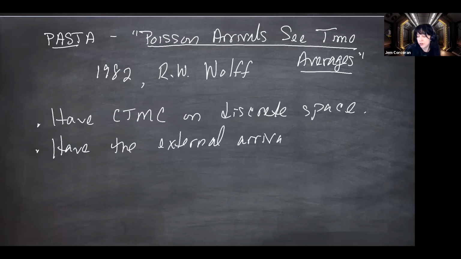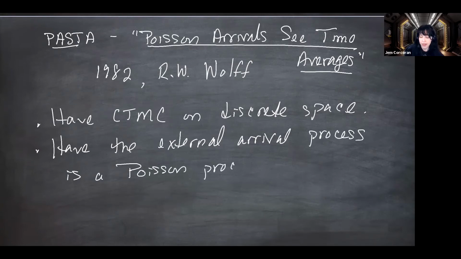Why do I say external? Think queuing models. If you can leave one server and come back and get back in line, or you can go to another server, that can be considered an arrival to a server, but not an external arrival to the system. So we have the external arrival process is a Poisson process that is independent of the current state of the system.